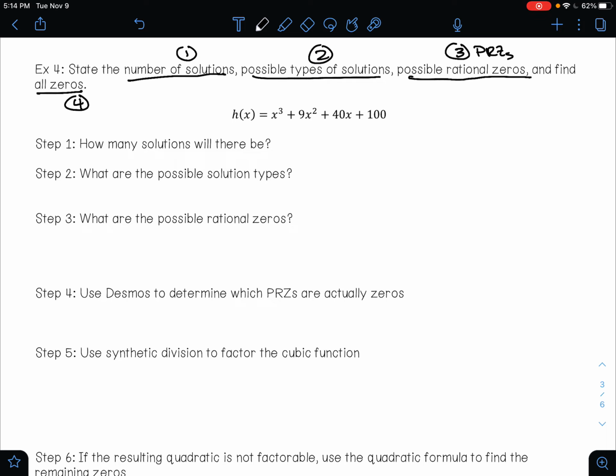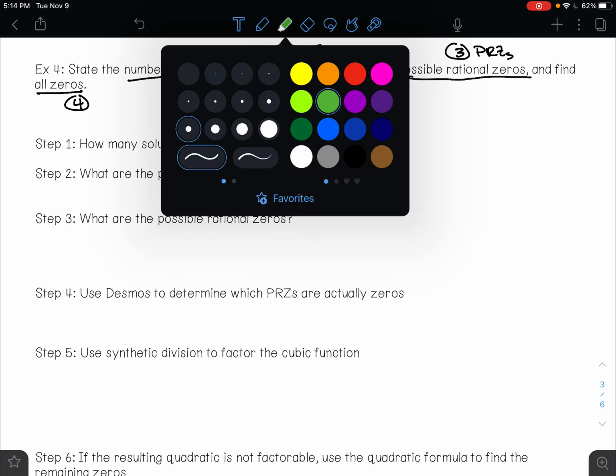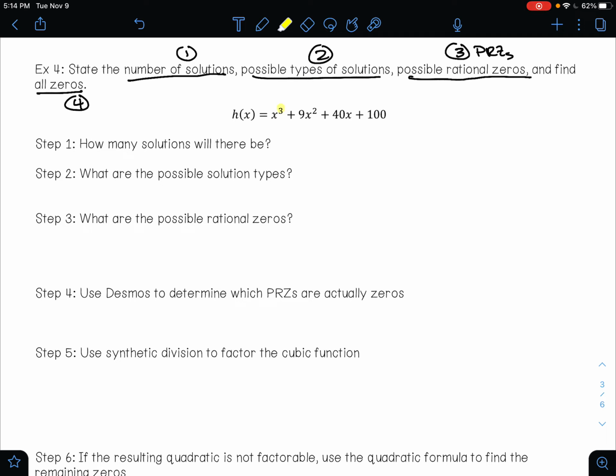So how many solutions will there be? Well, if I look at my equation, my highest degree is 3, so this will have 3 solutions because the highest degree is 3. What are the possible solution types?